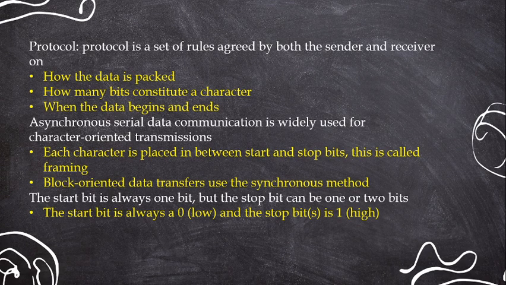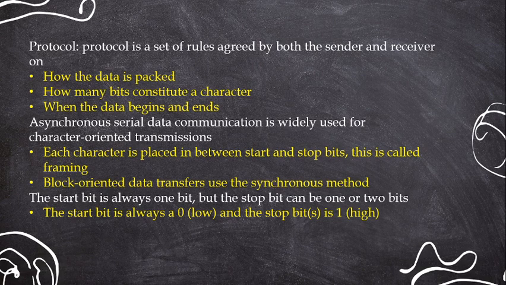This is very important because you're going to transmit byte by byte or character by character, so how do you define the number of bits for that particular character? The next important one is when the data begins and ends. These are the three key rules that have to be set between the sender and the receiver.